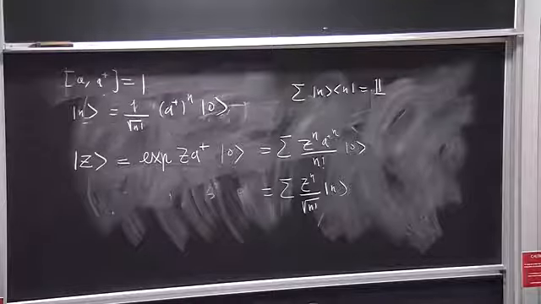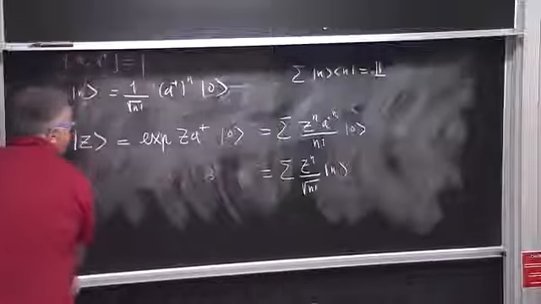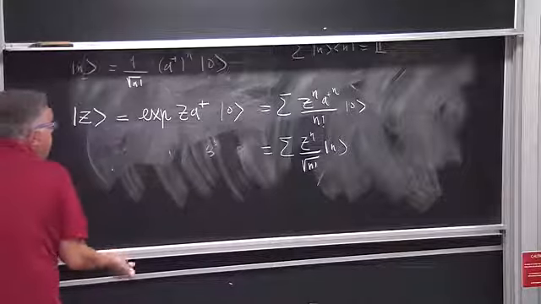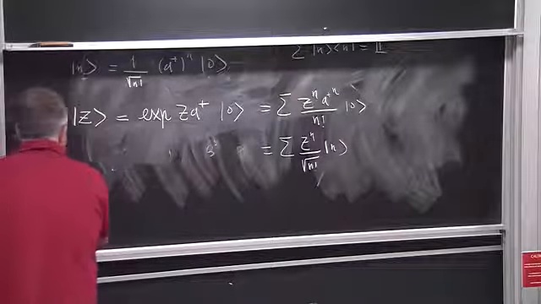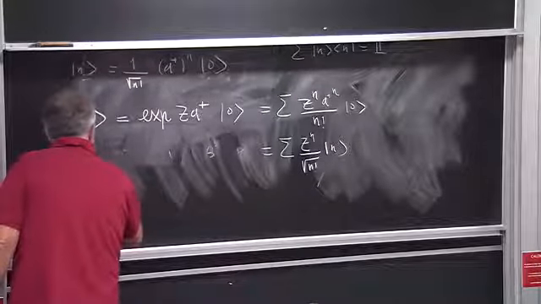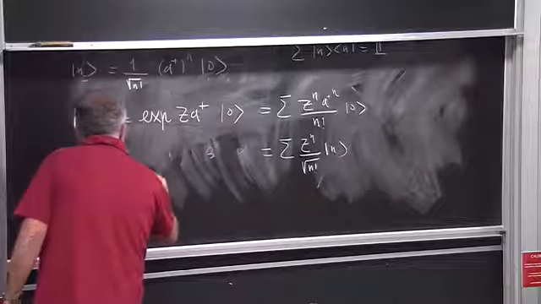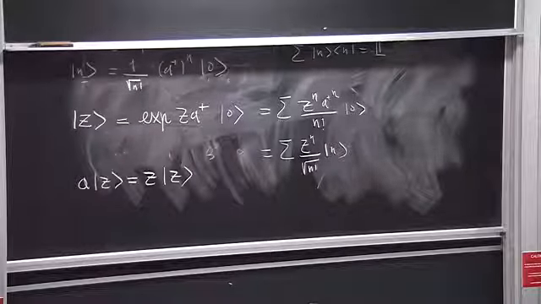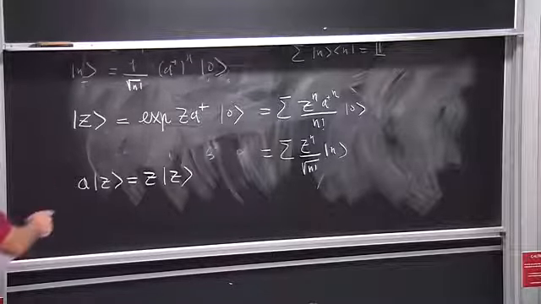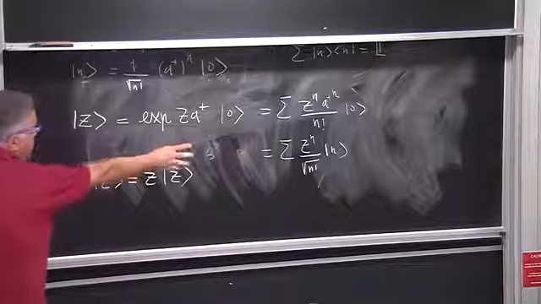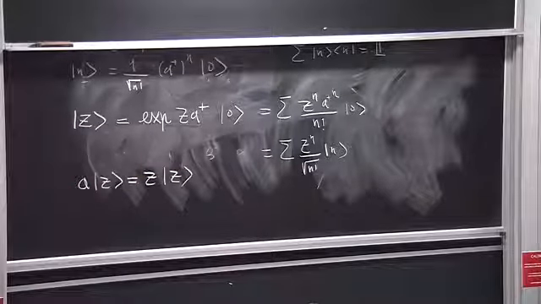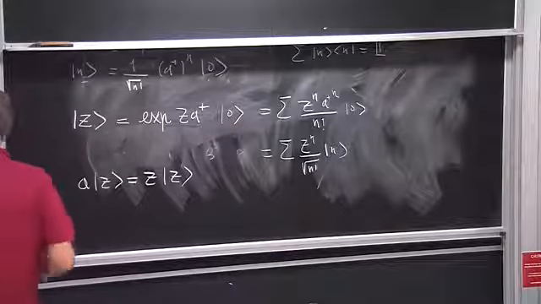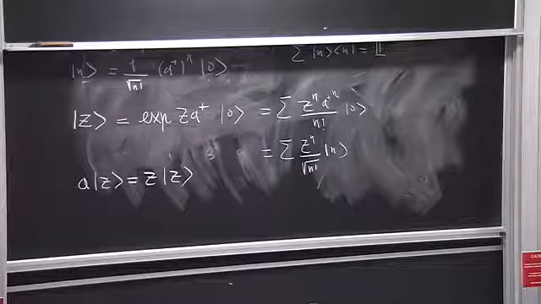Okay. What are the important properties? What are the two fundamental properties of these states? The first is that they are eigenstates of the destruction operator. How do you prove this? Either you act with the function and you commute, or you use the Baker-Campbell-Hausdorff formula.